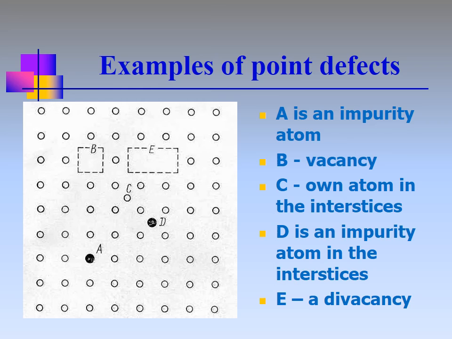For example, introduction of one boron atom into 100,000 silicon atoms increases the electrical conductivity of silicon by a factor of 1000.